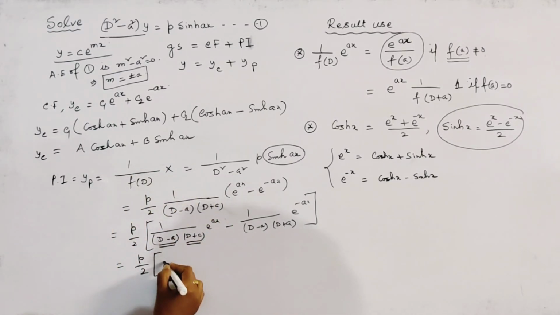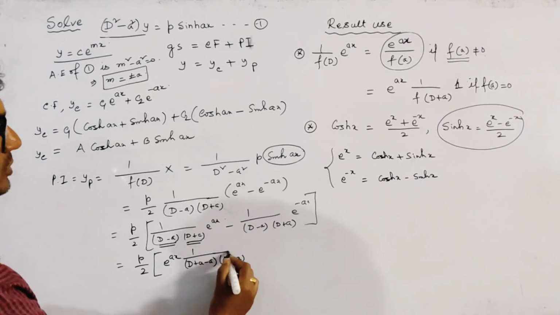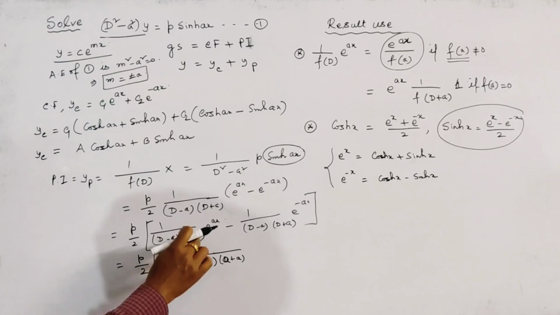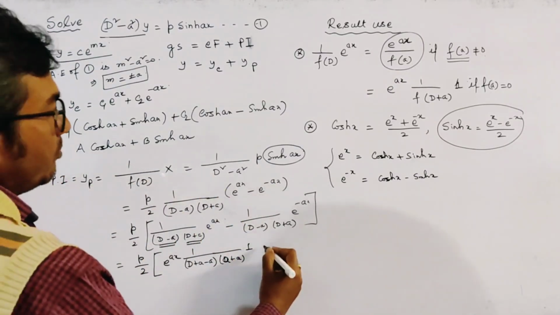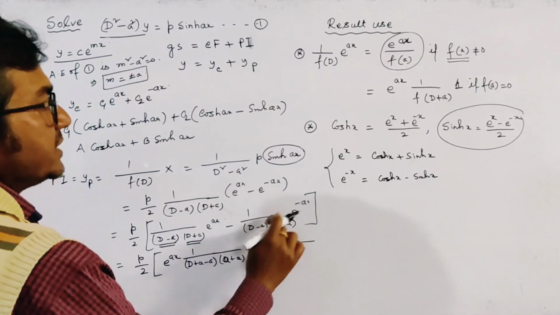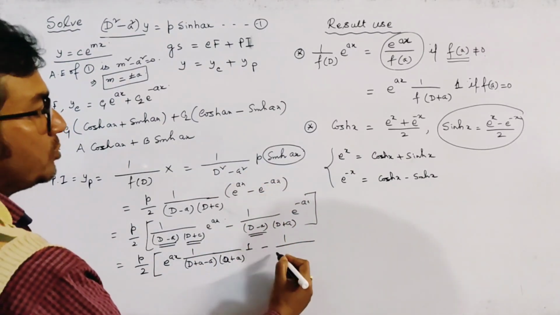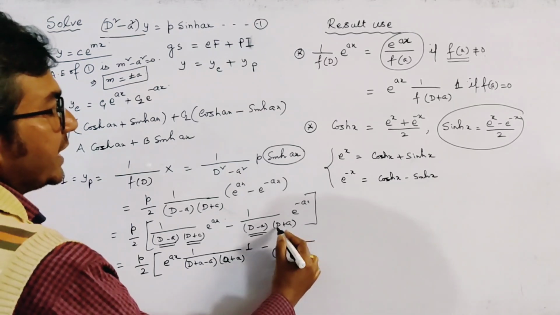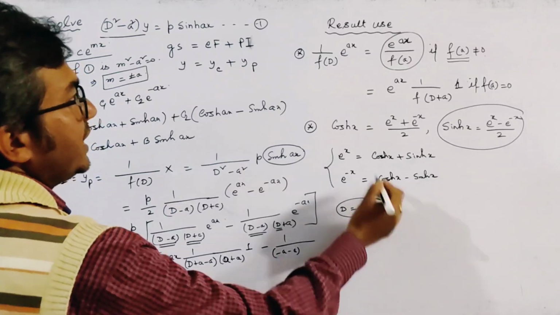So we get e to the power ax into 1 by (D plus a minus a)(D plus a plus a), because in the other factor if we put D equal to a, it is not 0, and we write 1 here. Minus, in a similar manner, for e to the power minus ax, if we put D equal to minus a, this factor is not 0, so we put minus a, and in the other factor we put D equal to D minus a, because a equals minus a.